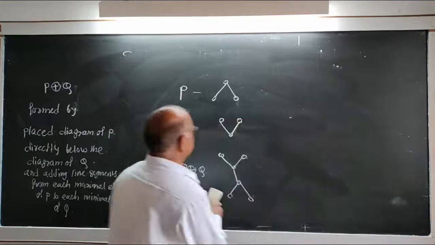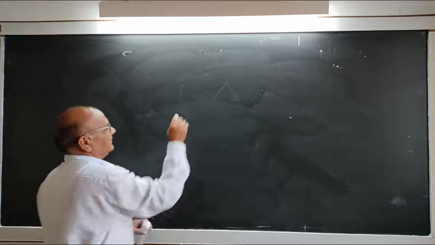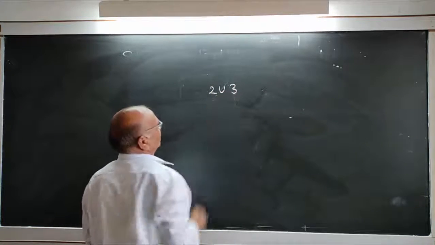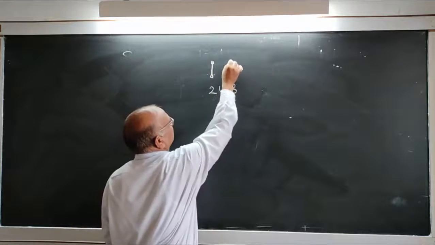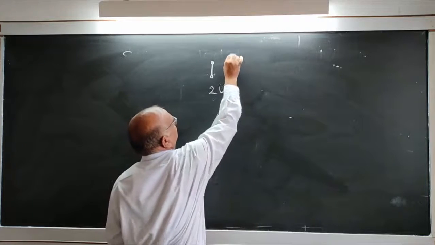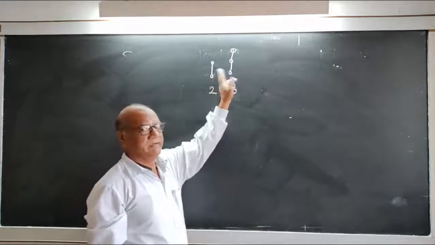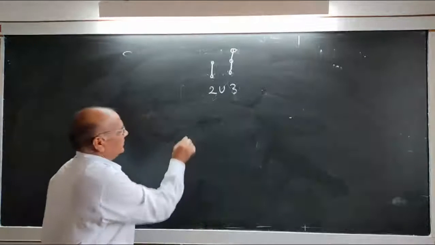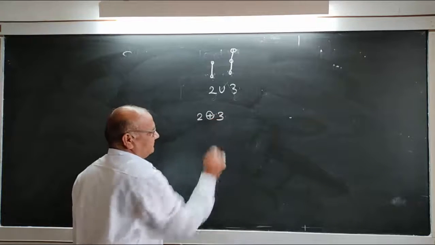Now see here some examples. Here 2 union 3. That means 2 is a chain of 2 elements and 3 is a chain of 3 elements. This is 2 union 3, the diagram placed side by side. Now 2 additional circle 3.